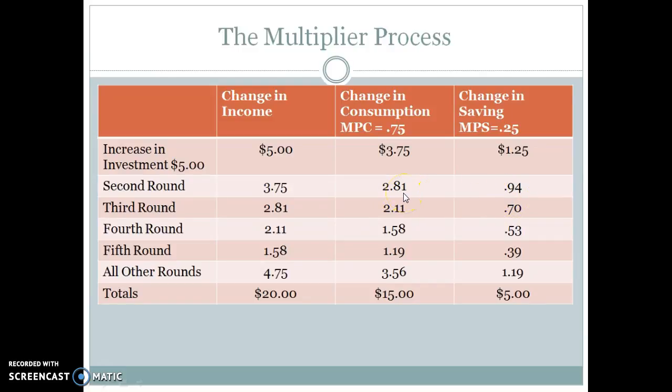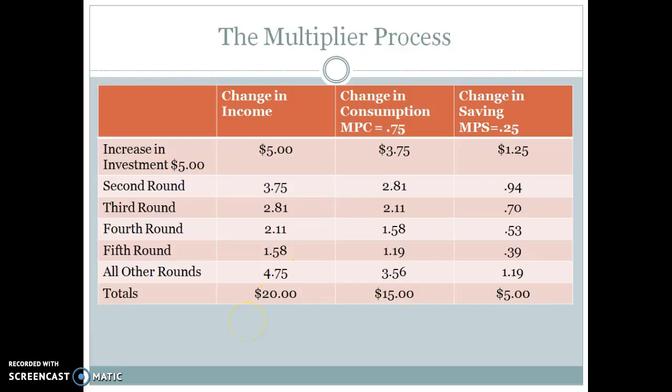Again, notice as we move to the third round, $2.81 of consumption goes down into new income because it's new income to some individual that received it, and they're going to consume 75% of it and save 25% of it. And on it goes until we get to the very bottom. And what we find in this particular economy, an injection of an additional $5 will ultimately end up creating $20 after it's all said and done, moving through the economy with that continuous flow.